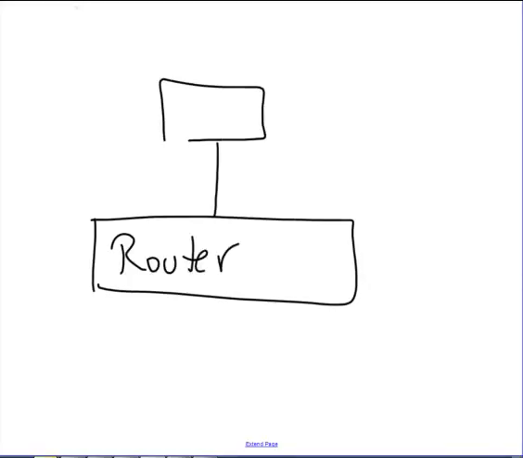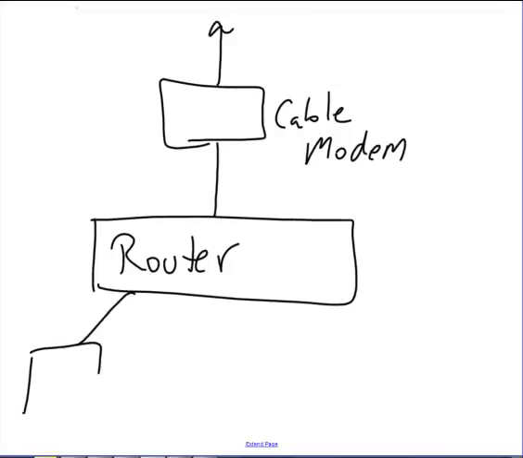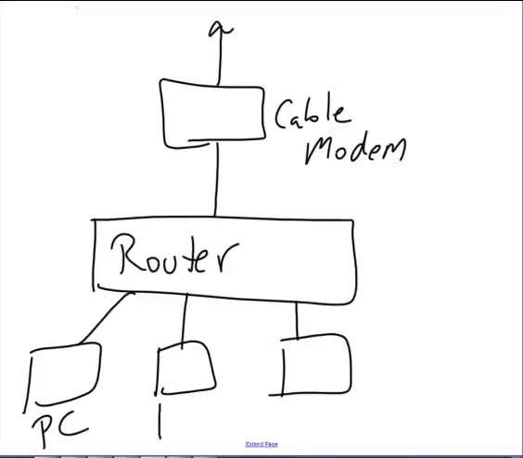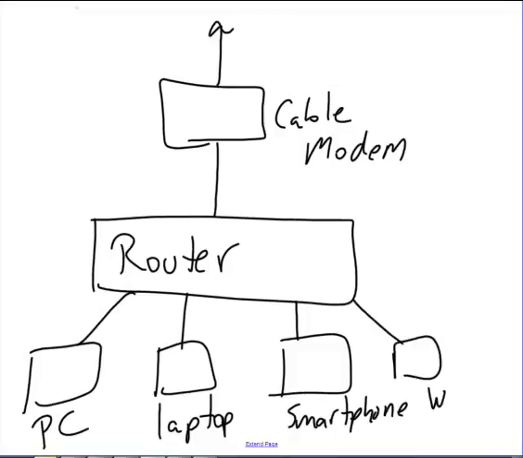It's just connected to your cable modem probably, or maybe DSL, which is connected to the larger internet. Behind this router, you probably have 3 or 4 computers, maybe a PC and a laptop, maybe a smartphone. Talks on the wireless. Maybe you've got a Nintendo Wii talking on the wireless.